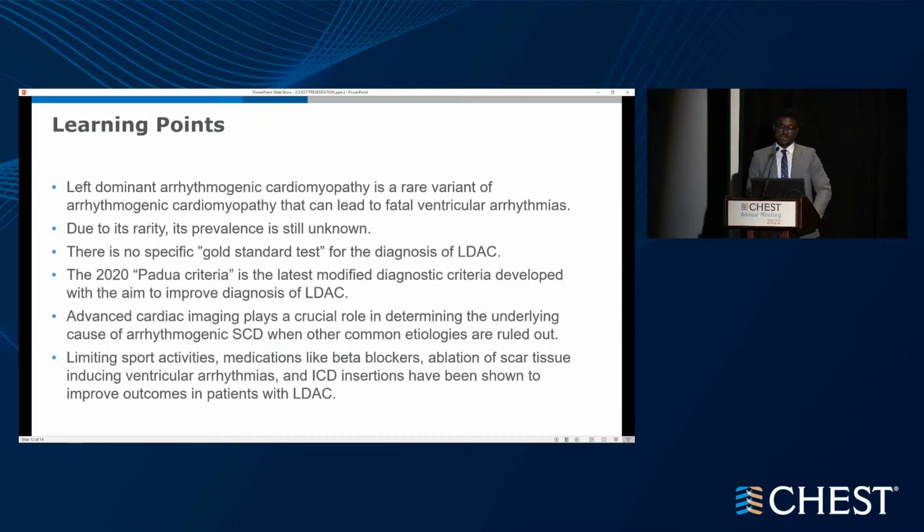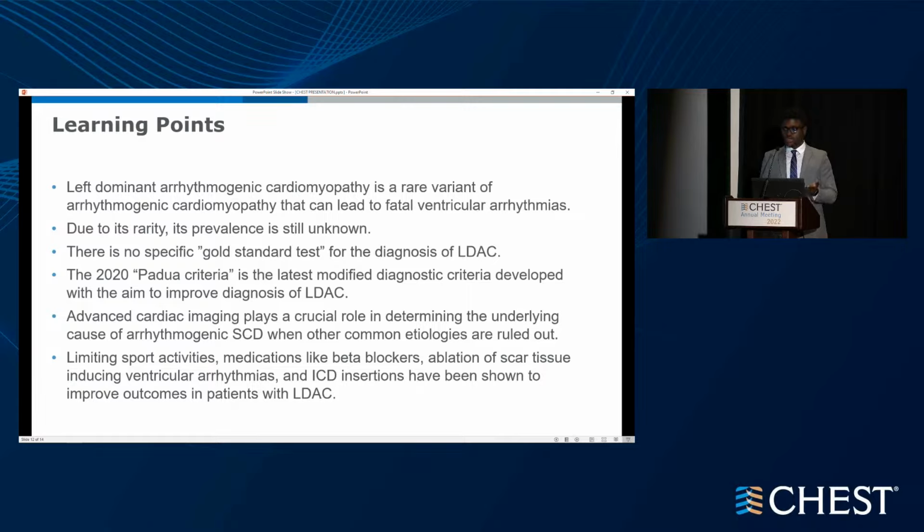Some of the learning points: the Padua criteria suggested that if you have a major criterion, meaning fibrofatty infiltration in the inferior lateral wall, plus a genetic mutation, because most of these patients had desmosomal or non-desmosomal mutations, like desmoplakin, desmoglein, plus the major criterion, which is the left gadolinium enhancement in the inferior lateral wall, that suggests left dominant arrhythmogenic cardiomyopathy.